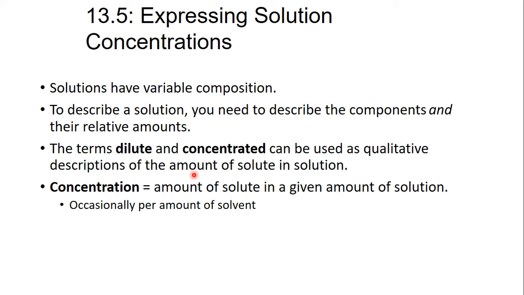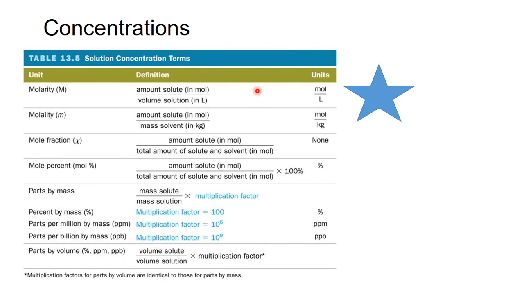When we talk about concentration, it's the amount of solute in a given solution. We have different ways to look at this. I put this giant star here because that's probably what you encounter the most, especially in lab: molarity. That's the amount of solute in moles divided by liters.